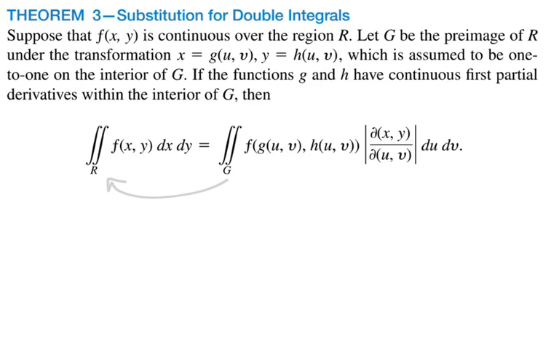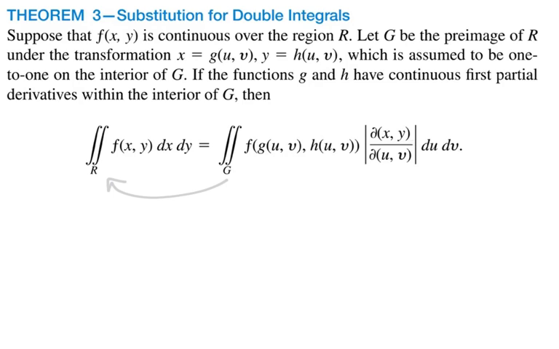So x is some function g in terms of u and v, y is a function h in terms of u and v. And this is assumed to be one-to-one because remember we talked about these transformations.